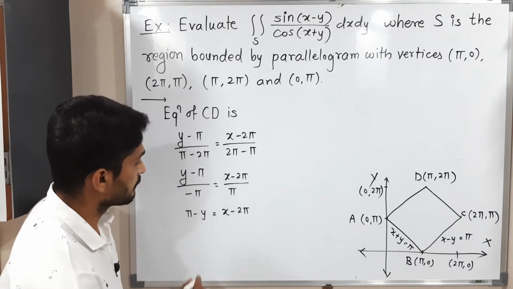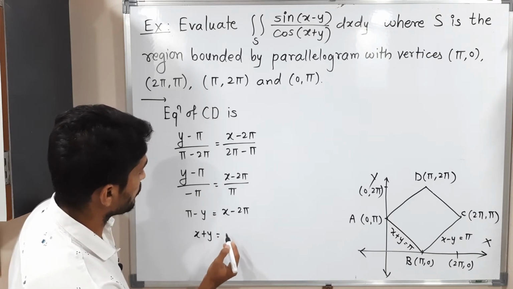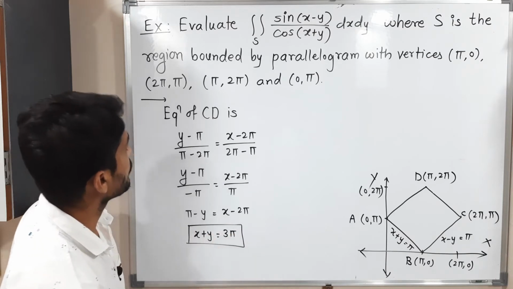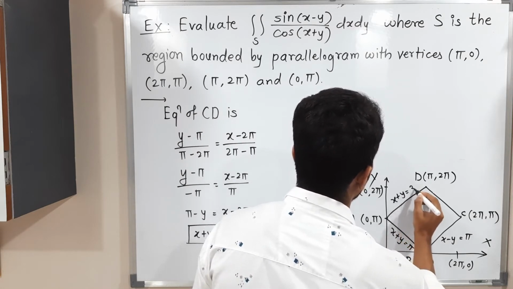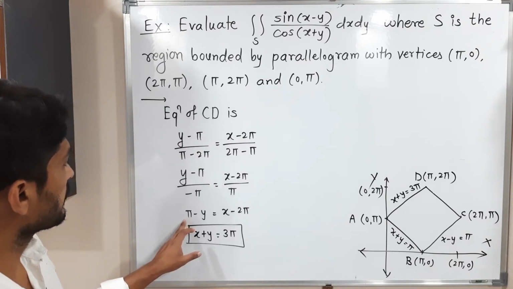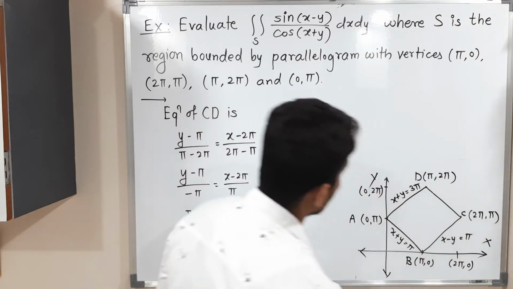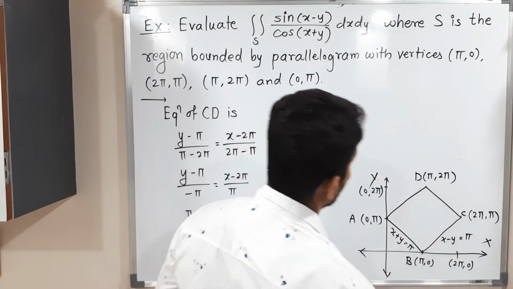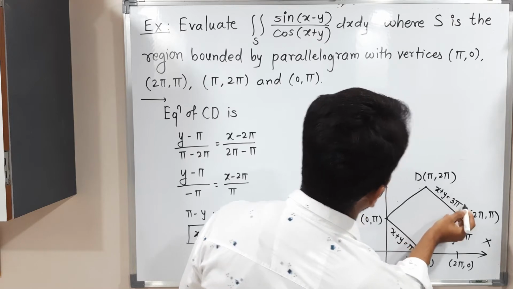If we solve it further, we have x plus y equals 3pi. So the equation of CD is x plus y equals 3pi.